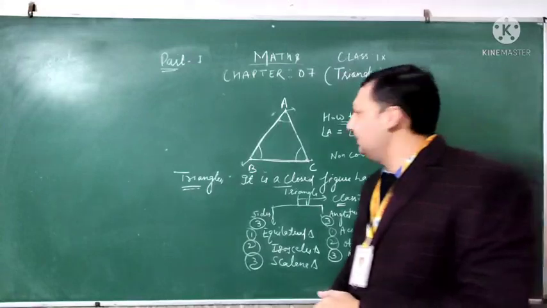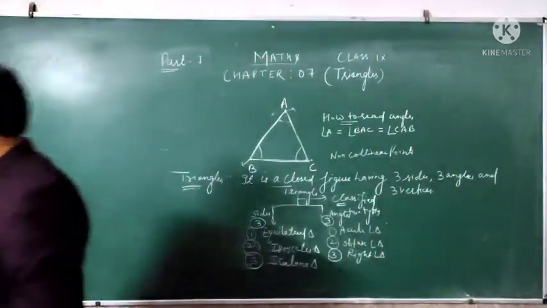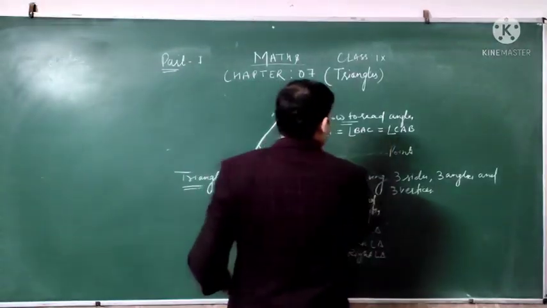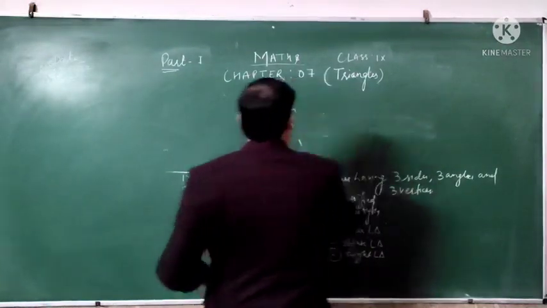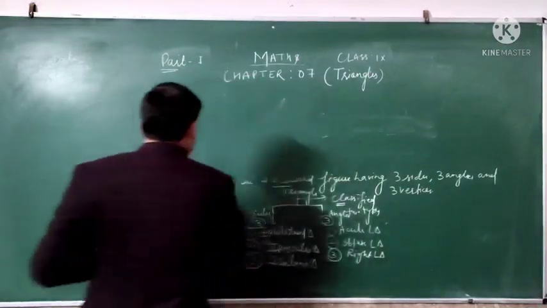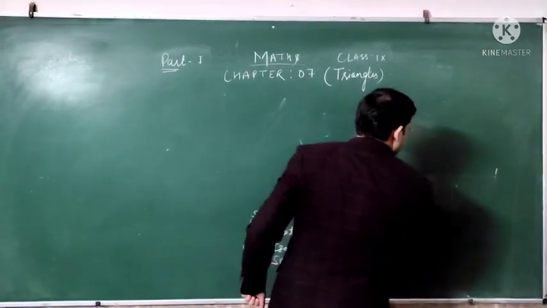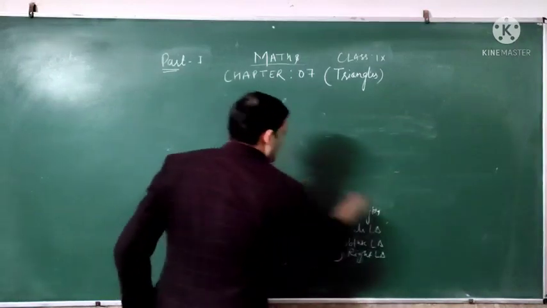Now we will discuss the main part of class 9. The main part of class 9 that we will take now is congruent triangles. After this we are going to discuss congruent triangles.